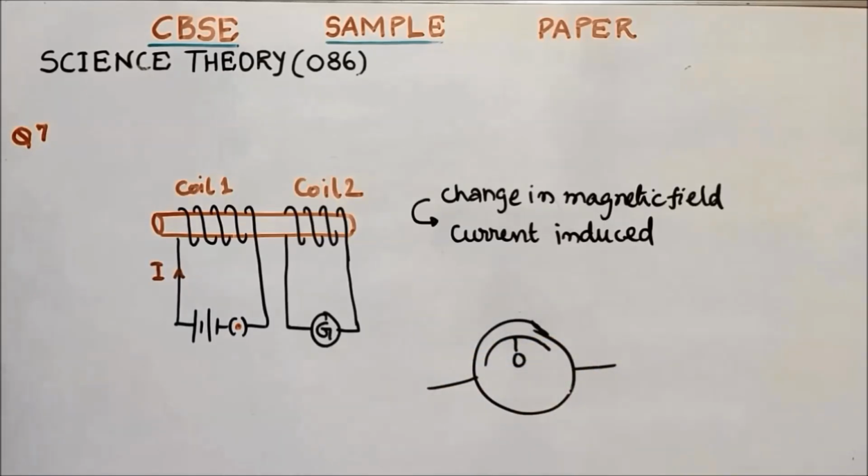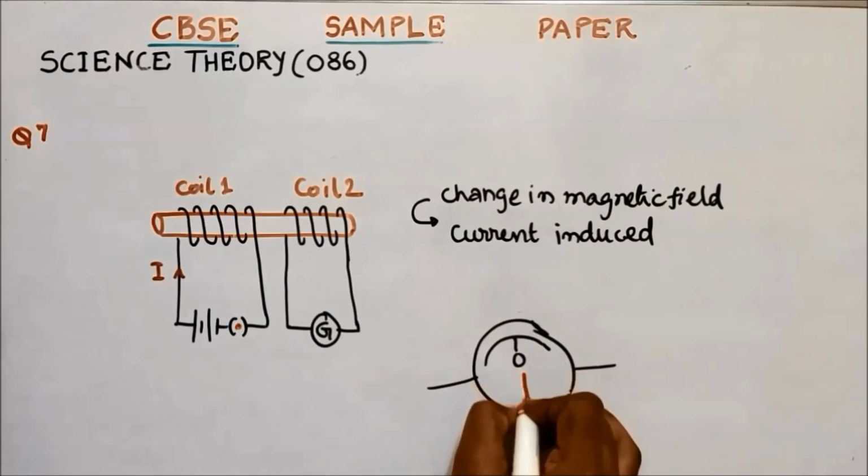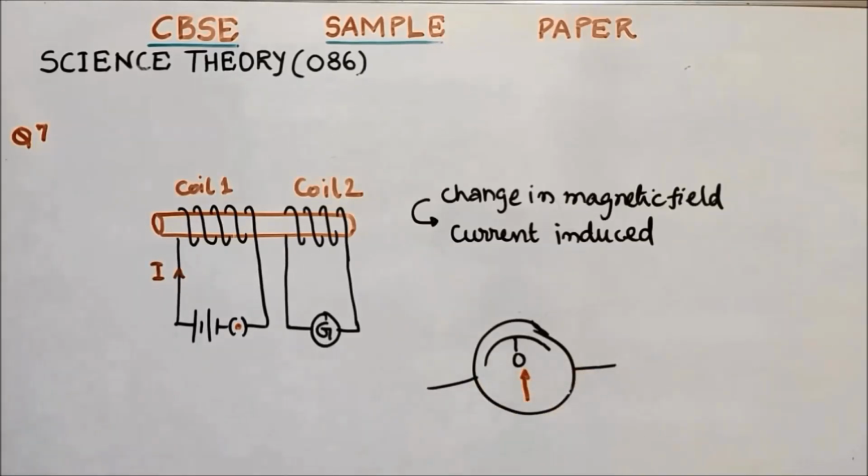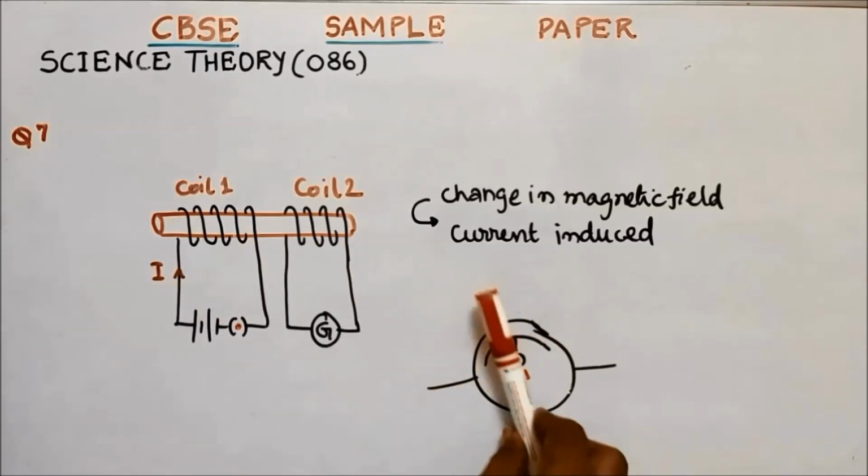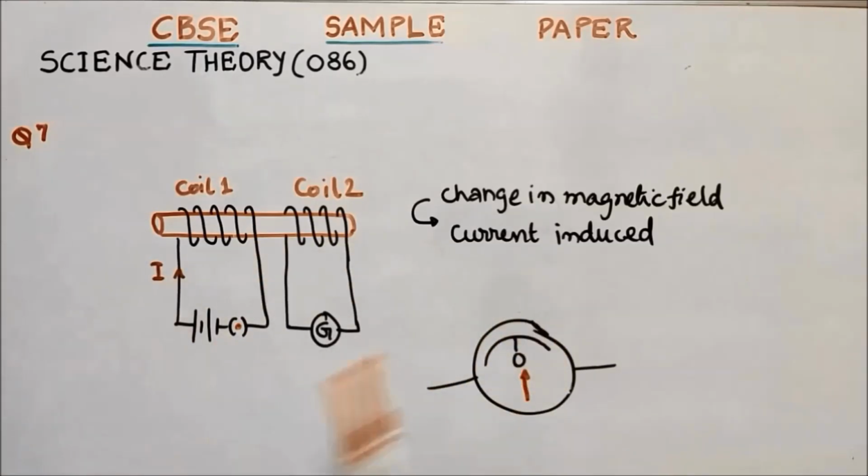So initially the galvanometer will be indicating 0 due to the presence of no current. As soon as there is a change in magnetic field, the galvanometer needle will show deflection, will move from 0. Now if it moves from 0, what does that mean? The current is induced in this. So that is according to electromagnetic induction.